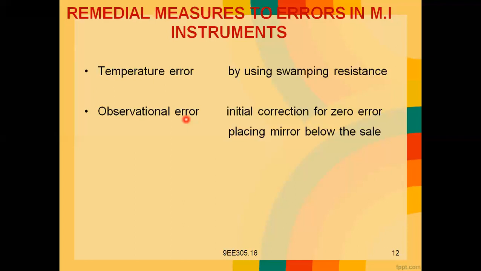Example, say we have an MI ammeter which is supposed to show readings from 0 to 5 amperes. It's a 0 to 5 ranging ammeter. Now when I pick up the meter and look at it, I see the pointer above the 0 level. It is showing 0.5 without being connected in any circuit.